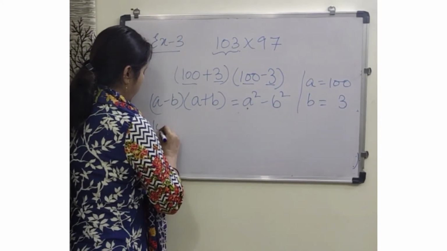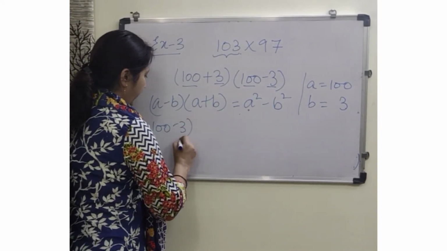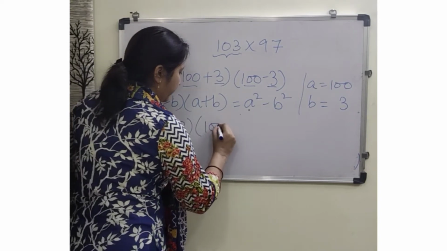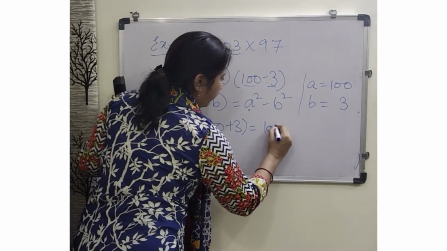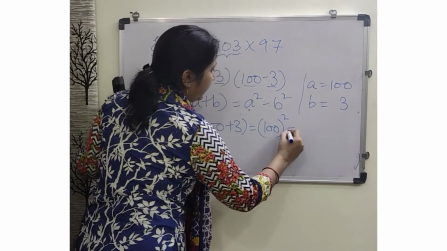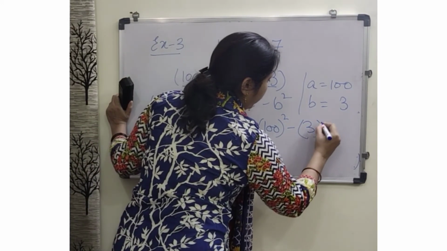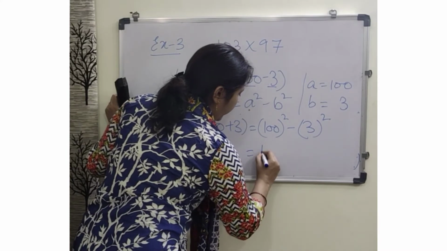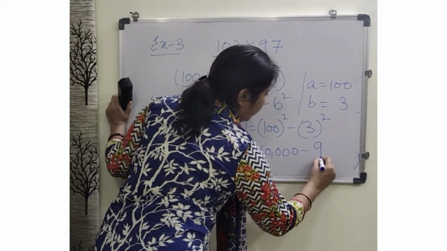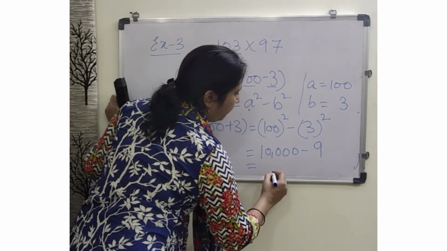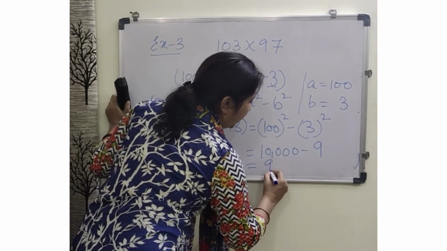So (100 minus 3) into (100 plus 3) is equal to 100 square, that is your A, minus 3 square, that is your B. 100 square is obviously 10,000. 10,000 minus 9. So what would it be?